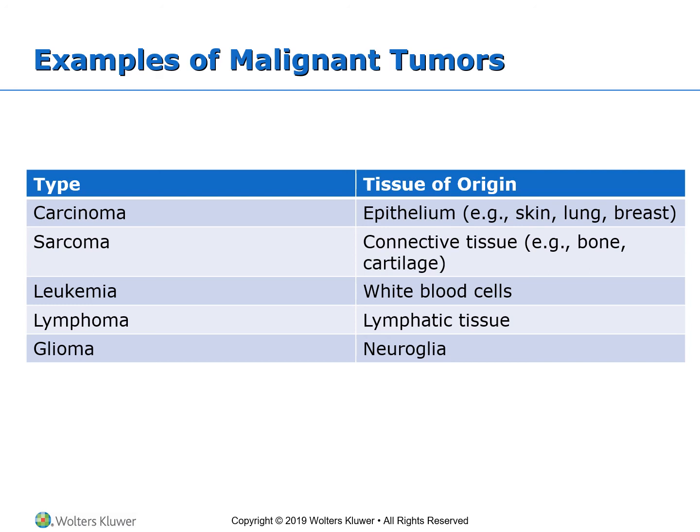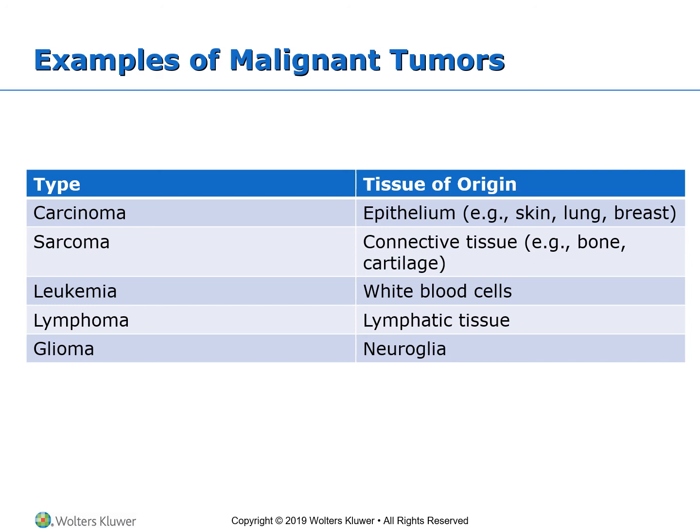And one of them is carcinoma. Carcinoma is the general term for any tumor of epithelial tissue origin. It can start in the skin, in the lung, in the breast, and because, if you remember, it starts in the epithelial tissue, it starts at the lining of those organs.